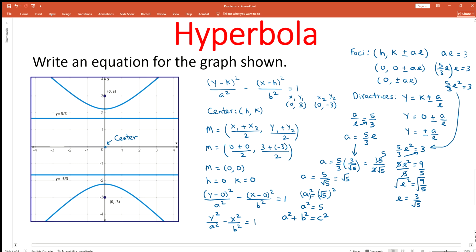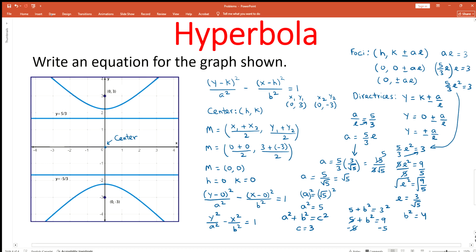So c is equal to 3. We can sub in the values of a squared and c in this equation to find b squared. a squared is 5, c is 3, we can subtract 5 from both sides. I get b squared equals 4.